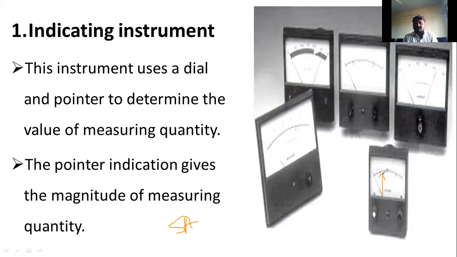So the quantity to be measured, the magnitude of that value, it is going to indicate over there. Those types of instruments are called indicating instruments. We are going to call that one. Is it clear now?